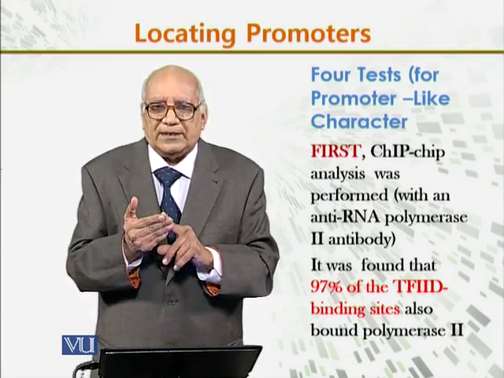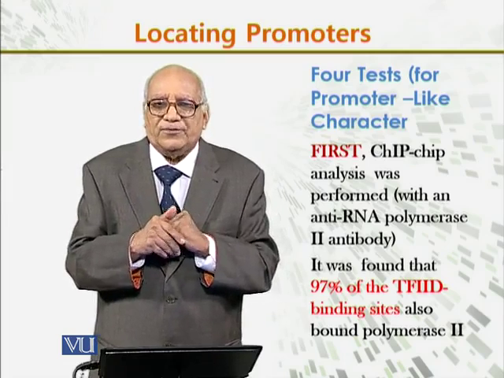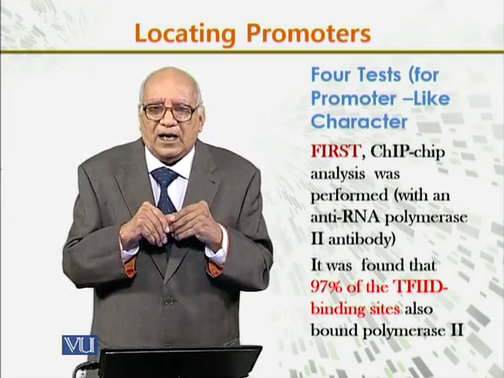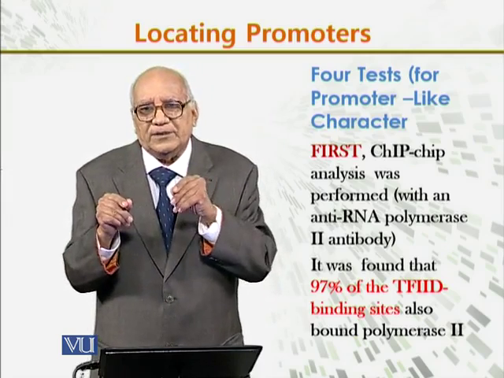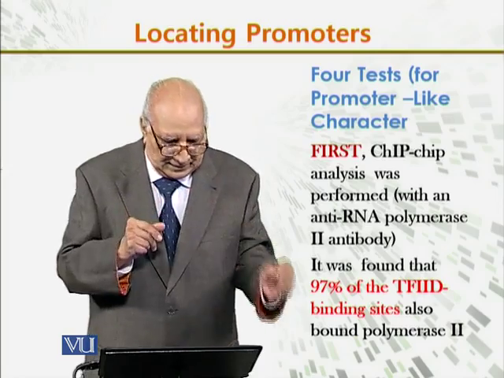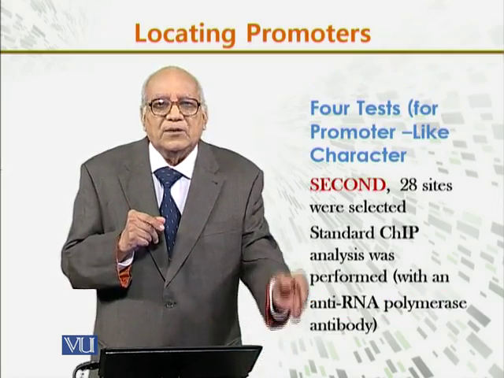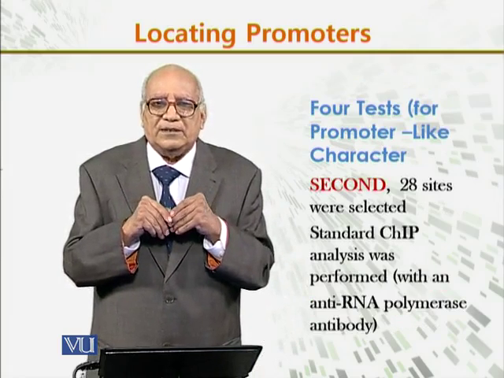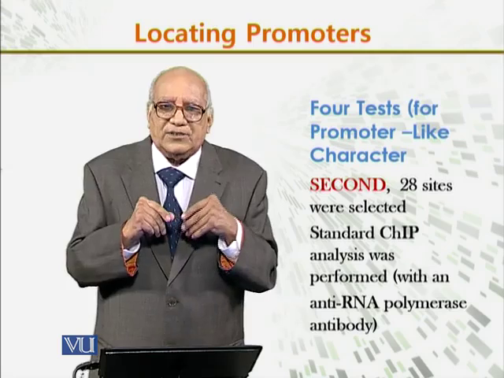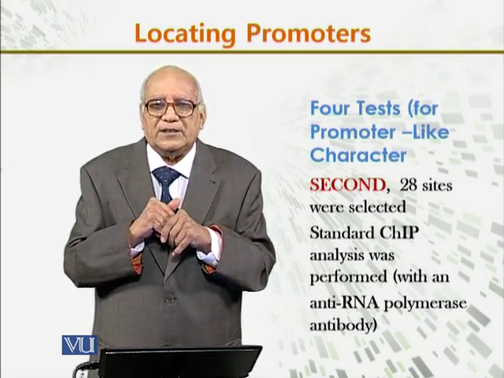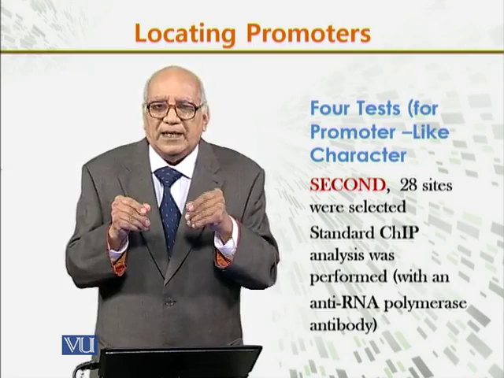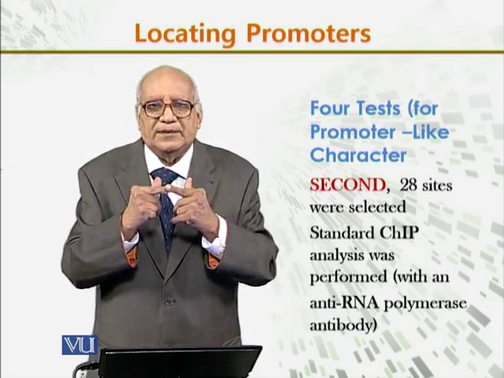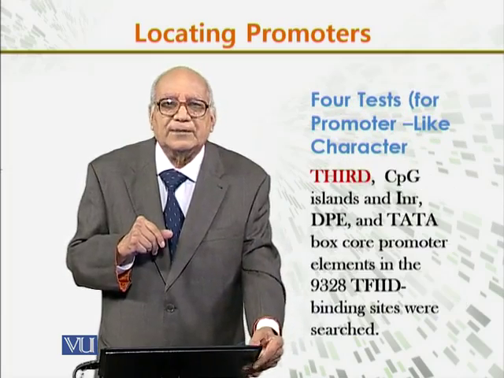It was found that 97% of the TFIID binding sites also bound polymerase II. The second test: 28 sites were selected and standard ChIP analysis was performed with an anti-RNA polymerase II antibody again.